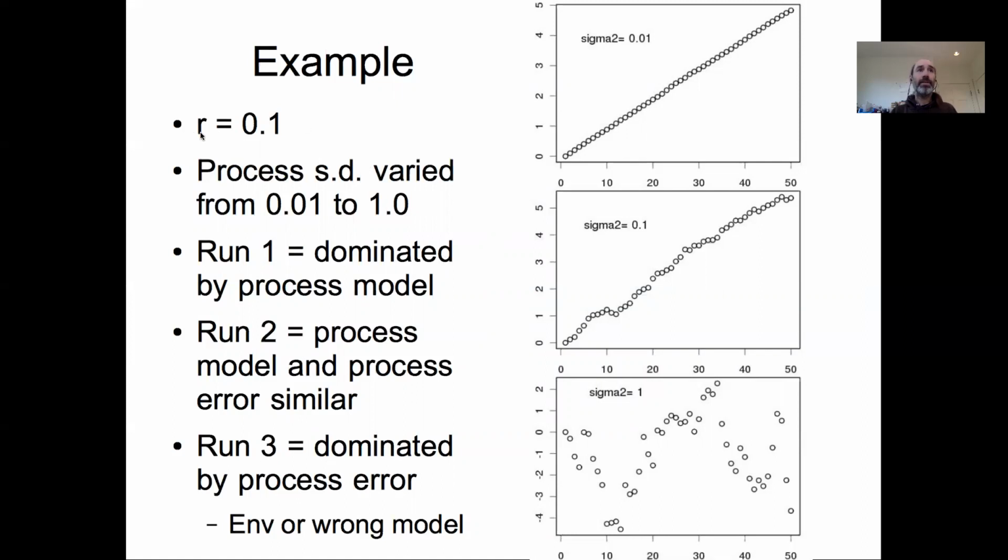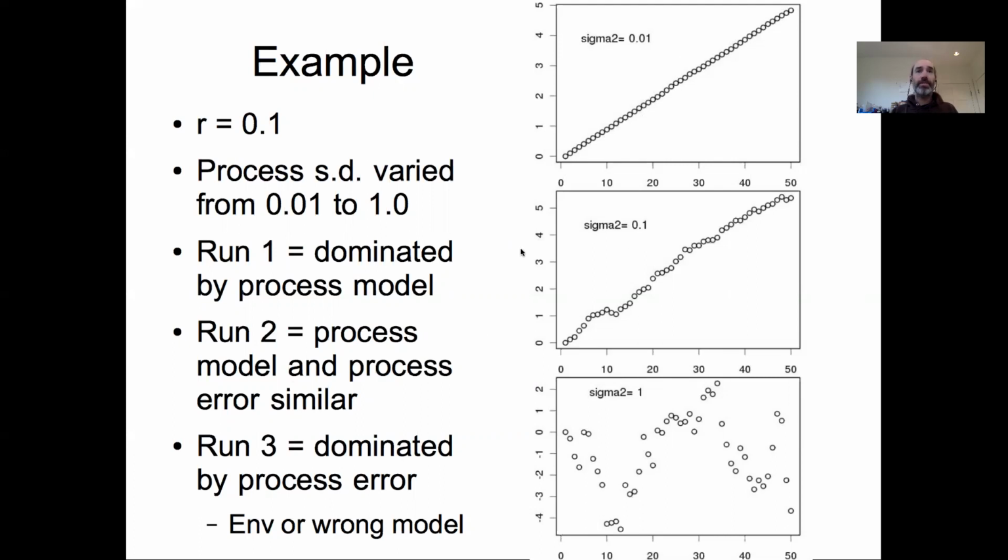In this example, I'm setting little r at 0.1, so a 10% population growth rate, but I varied the process error from 0.01 to 1.0. In the first run, there's very little process error. It's dominated by the process model, which is an order of magnitude larger than the process error. And we see almost a very deterministic growth in the population with very little apparent variability.